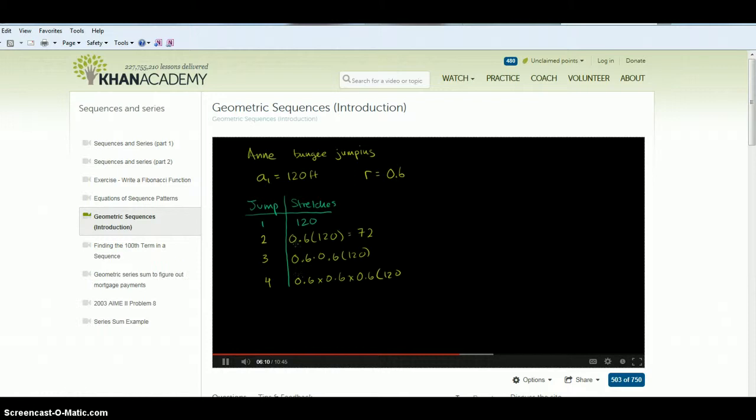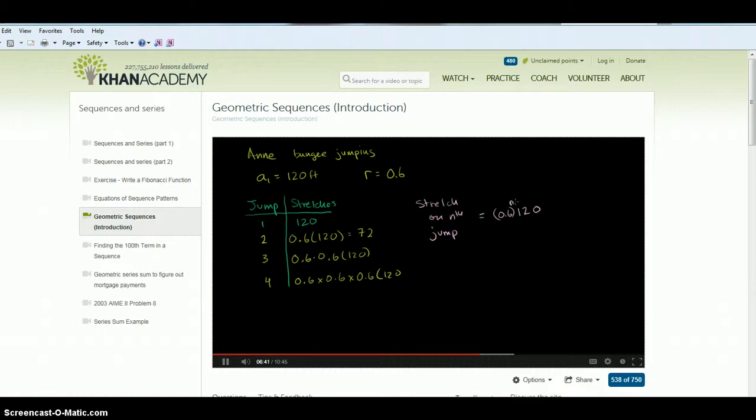So if we want to make a general formula for this, just based on the way we've defined it, what would the stretch on the nth jump be? We start at 120 times 0.6 to the what?